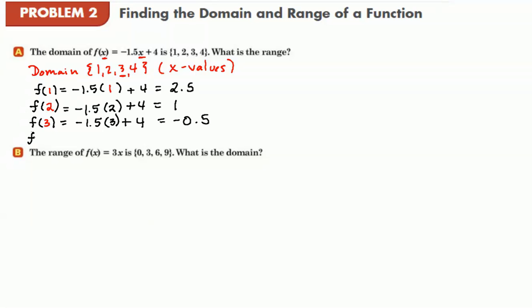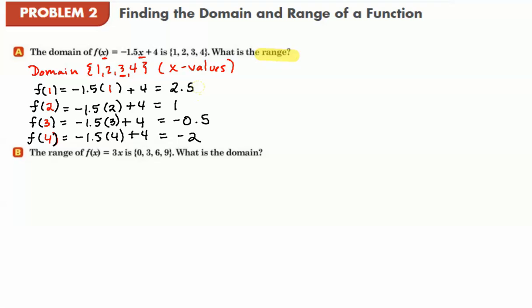The last one, f of 4. We're going to plug in 4. That's going to equal negative 1.5 times 4, which is negative 6, plus 4. Negative 6 plus 4 is negative 2. Now the question says, what is going to be our range?